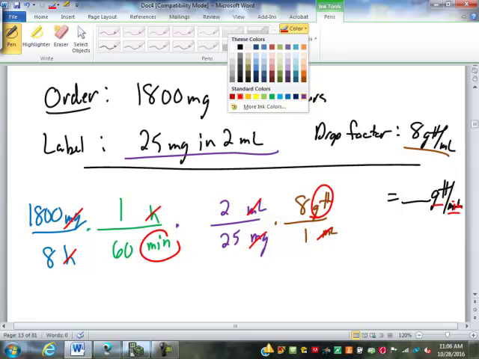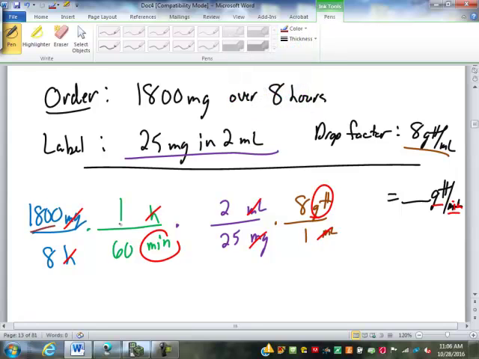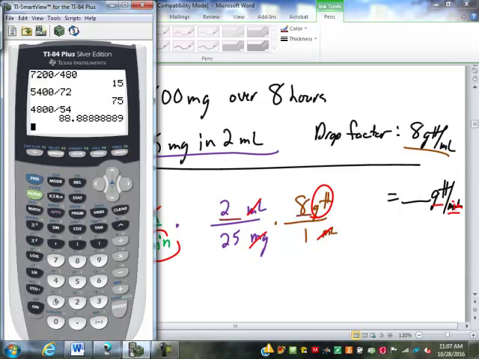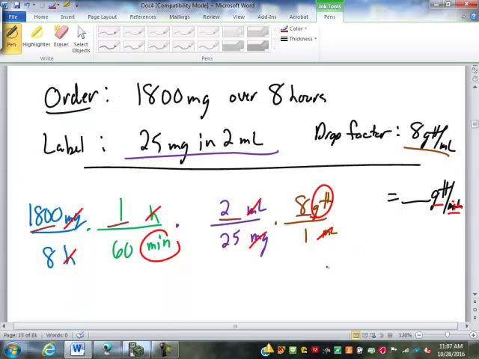On top here, we are going to multiply 18 times 1 times 2 times 8, which is going to give us 28,800 drops over 8 times 60 times 25, which is, what, 12,000 minutes.